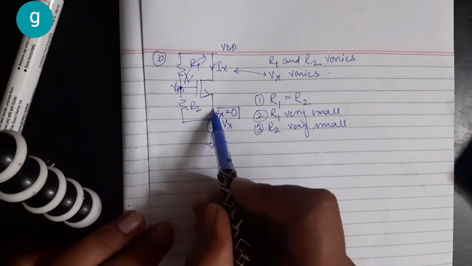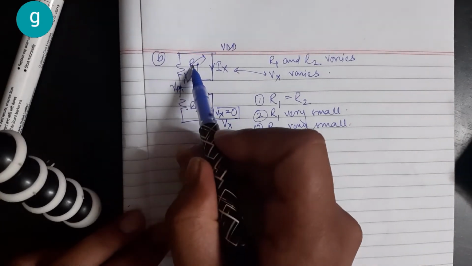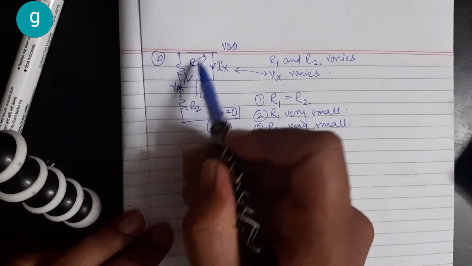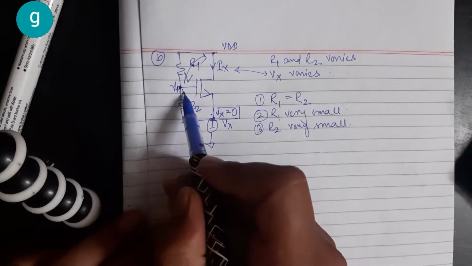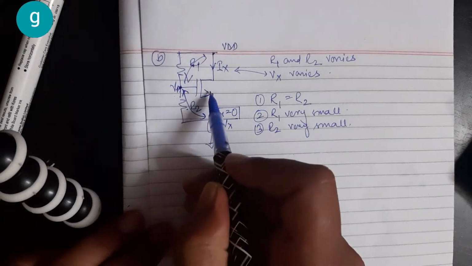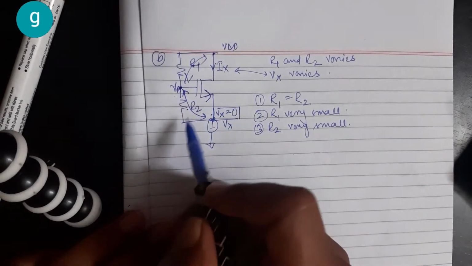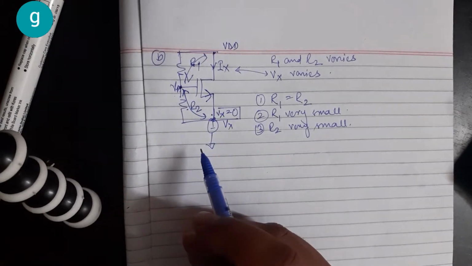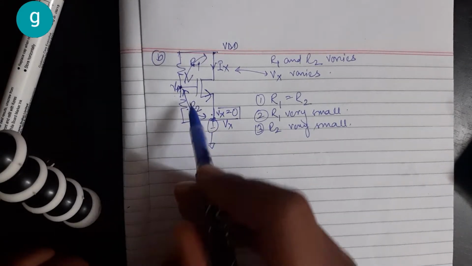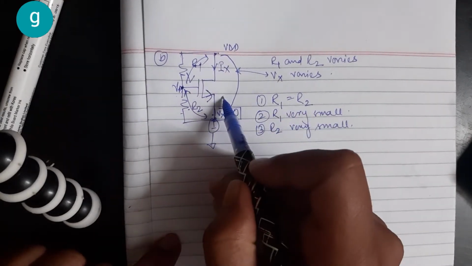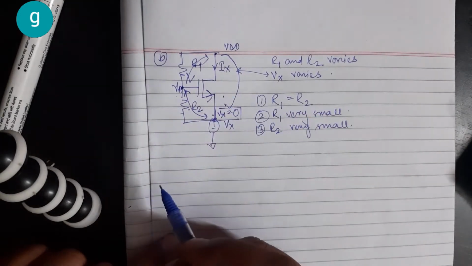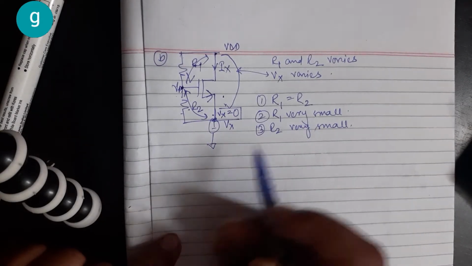Now for Vx equals 0, when R1 is small, this node voltage is equivalent to this node voltage. That means there is a huge VGS across the transistor, and huge VGS means the transistor is on. What about the region? VDS is equal to VGS, so it is automatically in saturation region.